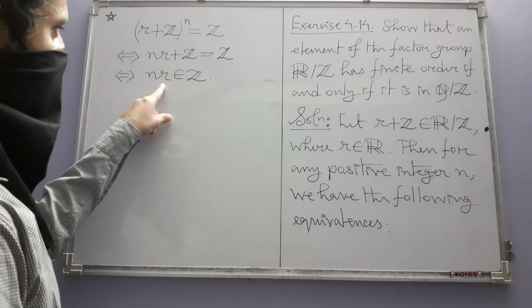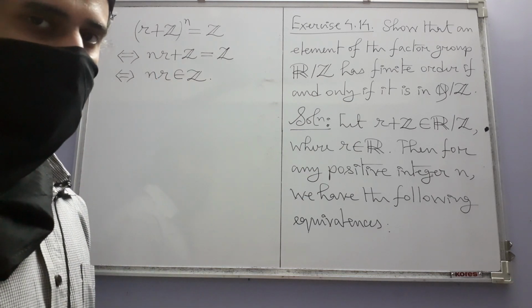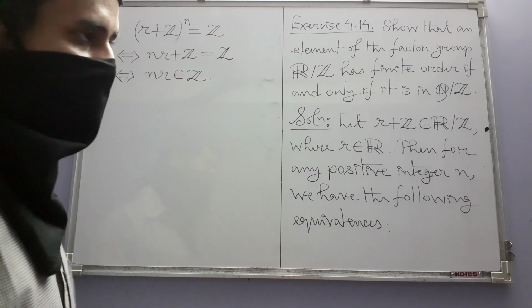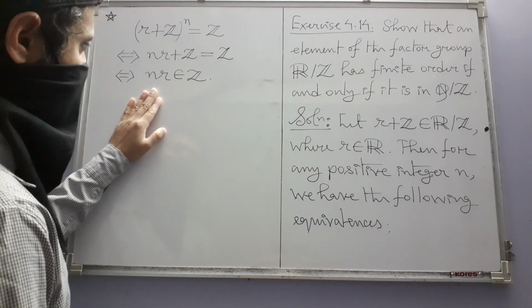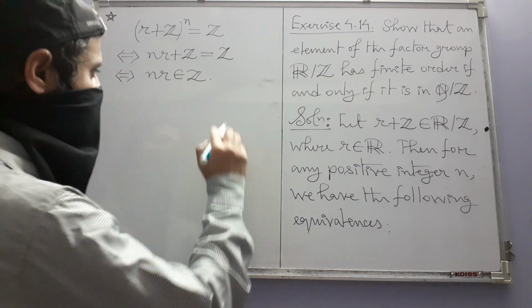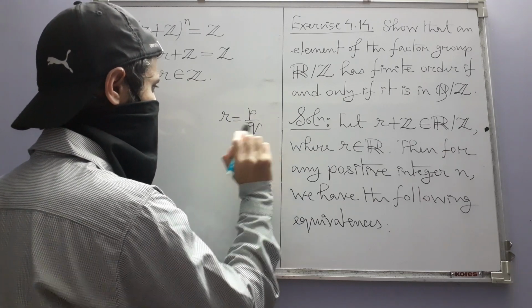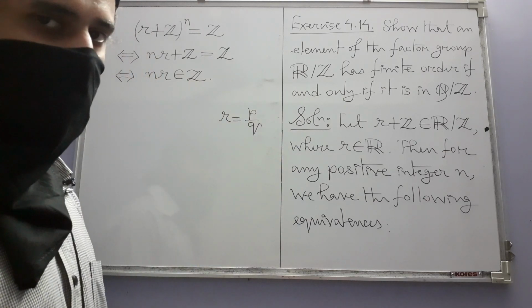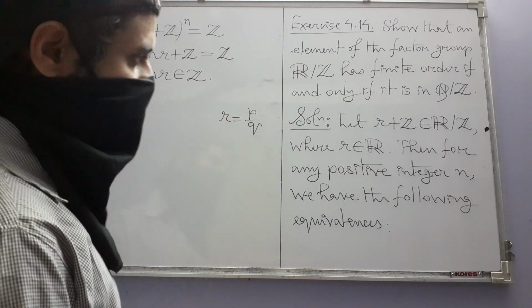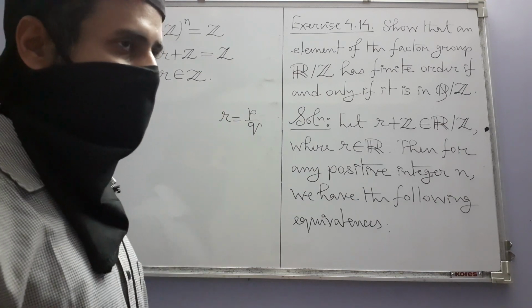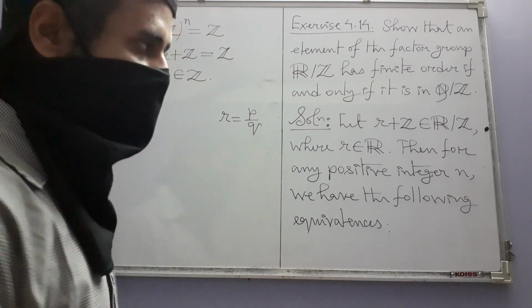If r is a rational number, then r is of the form p over q, where p and q are integers and q is non-zero by the very definition of rational numbers.